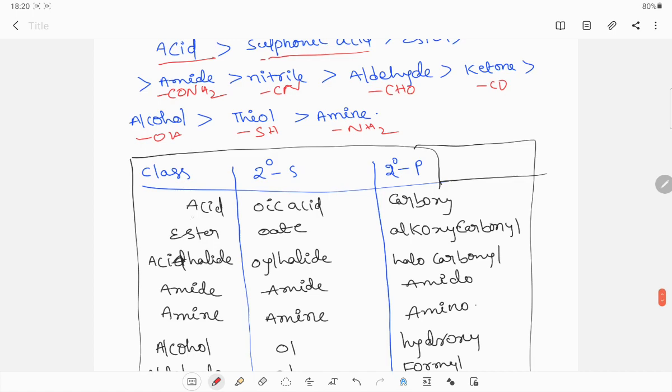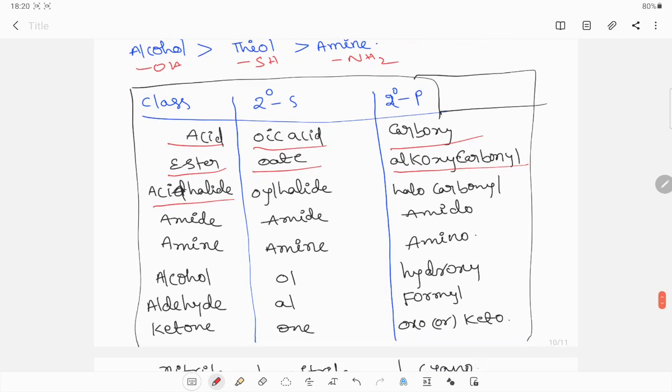Then in that case, if the acid functional group is the main functional group, it is oic acid, and as a substituent it is carboxy. Ester, main functional group oate, substituent alkoxycarbonyl. Acid chloride, main functional group oyl halide, substituent halocarbonyl. Amide, main functional group amide, substituent amido.